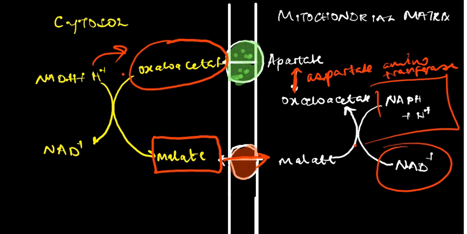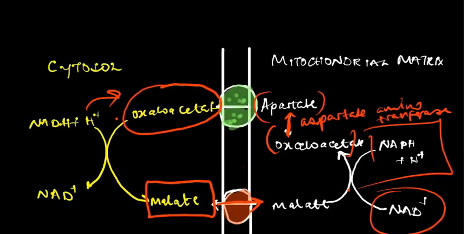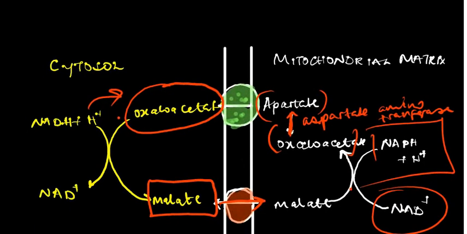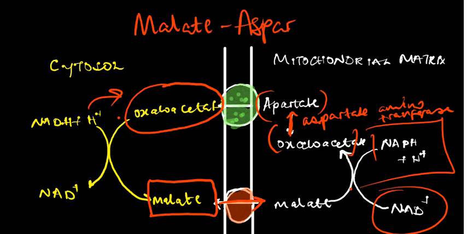If oxaloacetate is converted to aspartate, it means aspartate can now go back to the cytosol, and the whole process will continue going on. So before we go further, let's just highlight that this is the malate aspartate shuttle. This one is a little bit different from the glycerol phosphate shuttle because it's readily reversible. You can go back and forth, producing the same products.